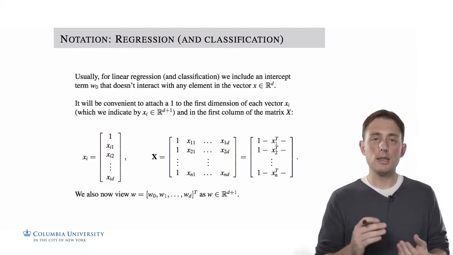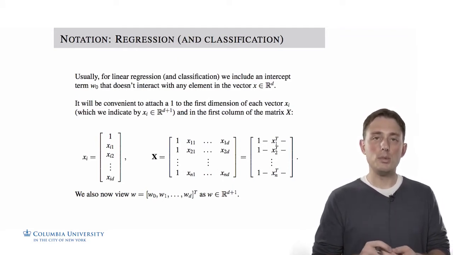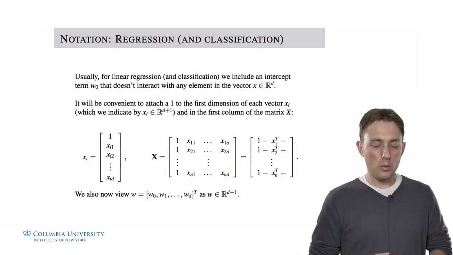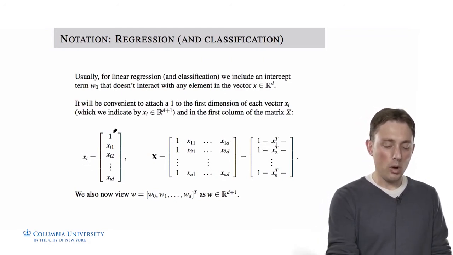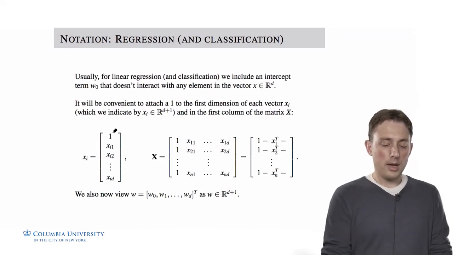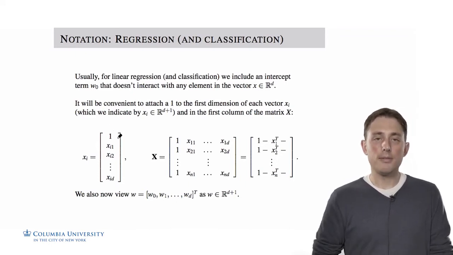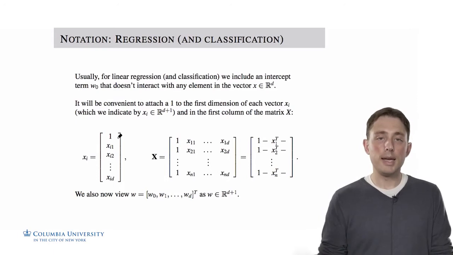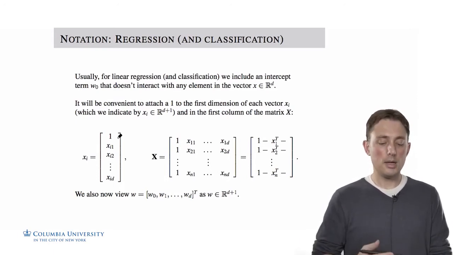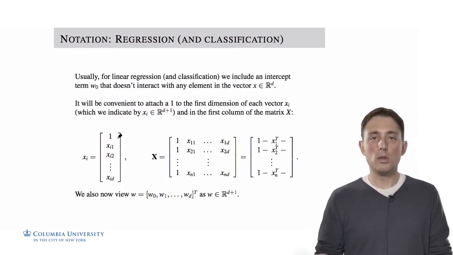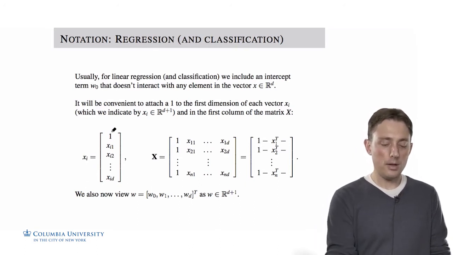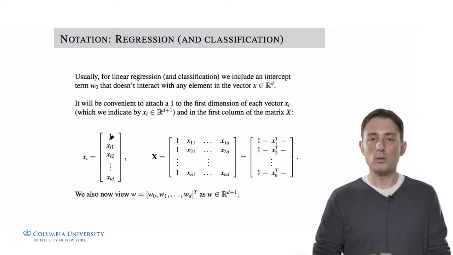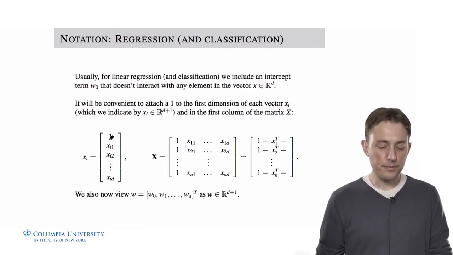So we're going to extend x from being in R^d to being in R^(d+1), where we take each point xi and add a 1 to the first dimension of it. And now we can interpret that first dimension as being multiplied against w0, because in that case, every single function evaluation for each of these xi's will have w0 times 1, which is the offset.